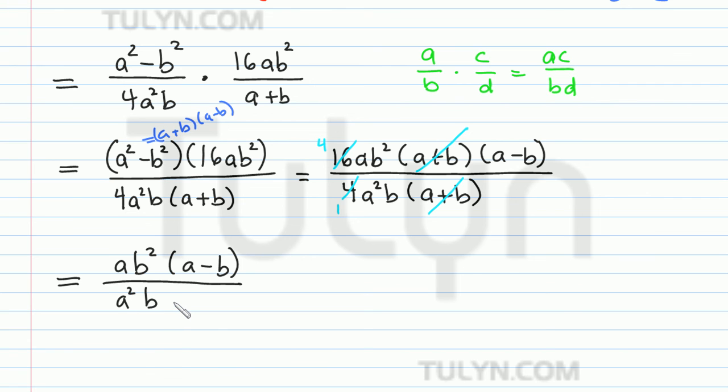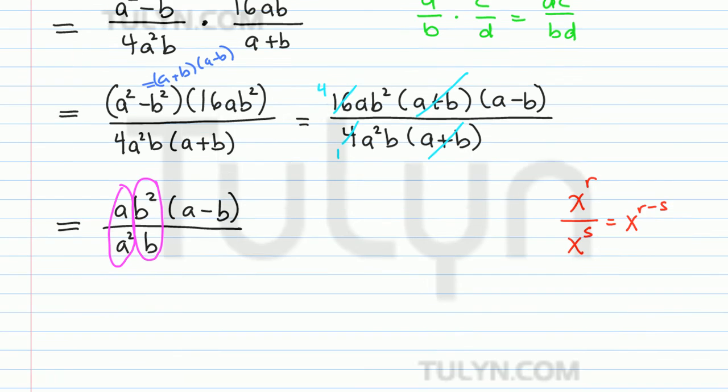Right? Now, we're not quite done, because notice there are two a's and two b's that we should combine using the quotient rule. Now recall, the quotient rule is if you take any number to a power and then take that same number to a different power, how you combine them is you subtract the exponents.